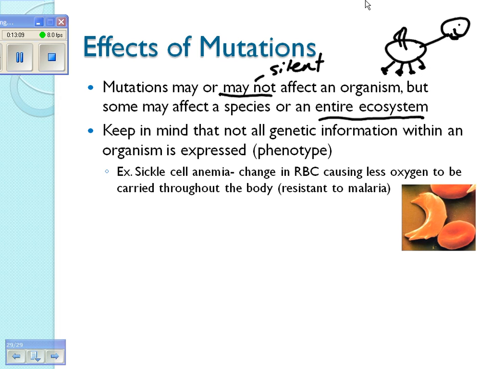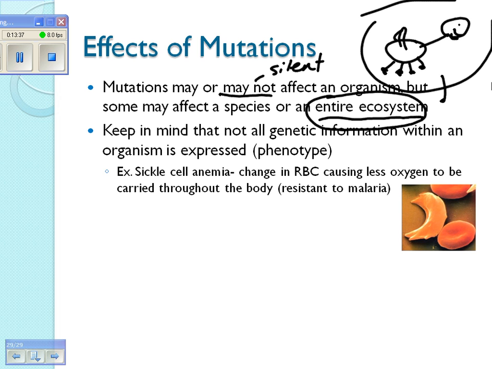If this chick has babies and his babies have 4 legs, now the things that eat the chickens, like foxes or hawks or owls, they're going to get outrun. There's going to be way too many of these chickens. The owls and the foxes are going to be really hungry. They're going to starve and die. So that's how it can affect an entire ecosystem. That's a very extreme case, but it happens.